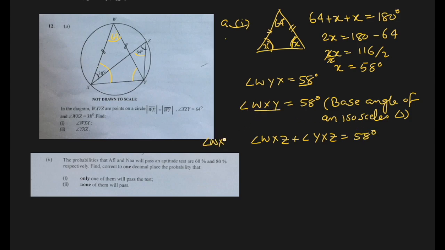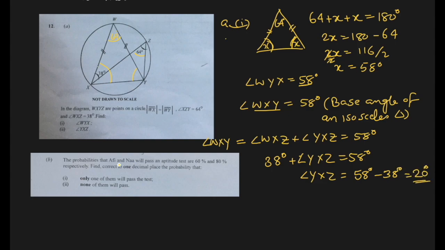Angle WXY equal to WXZ plus ZXY, which they have written YXZ. I have written YXZ here. So one of them is given as 38 degrees. So 38 degrees plus angle YXZ equal to 58 degrees. So angle YXZ will be 58 degrees minus 38 degrees, which is 20 degrees. So we got both the parts.